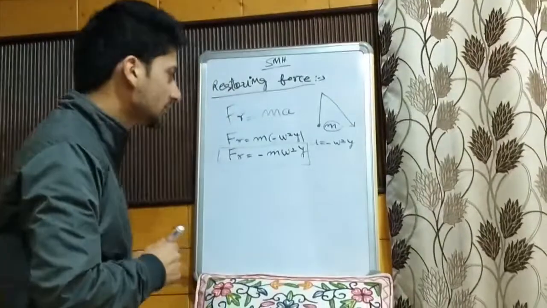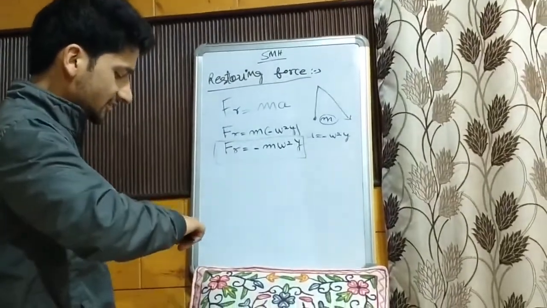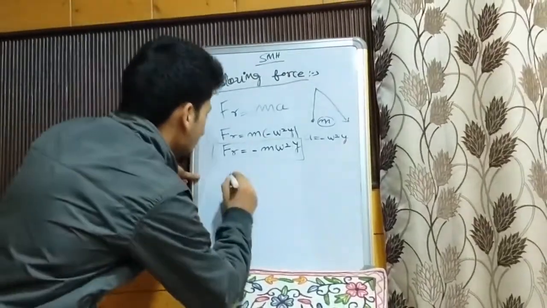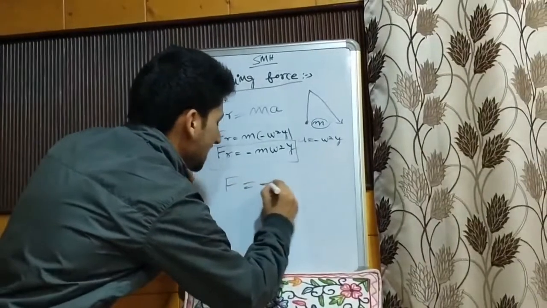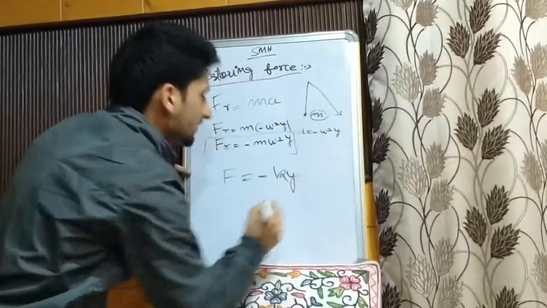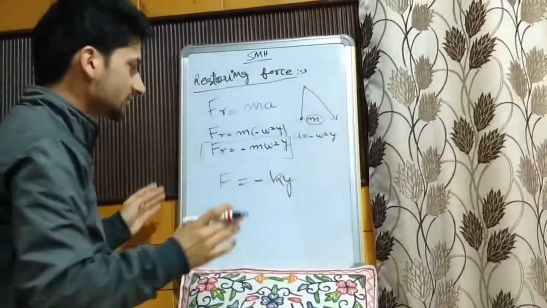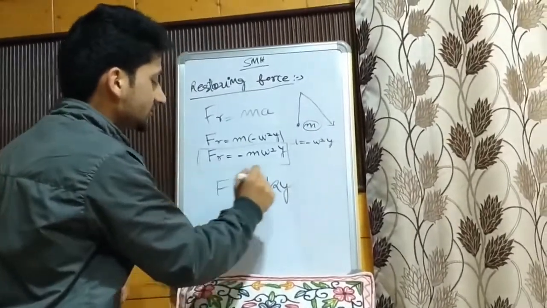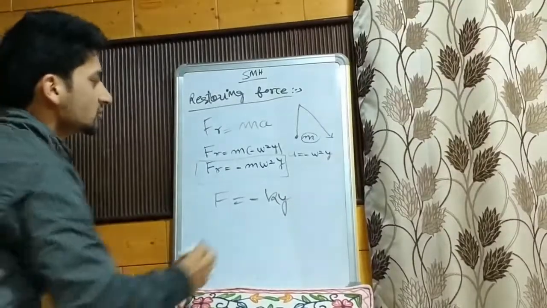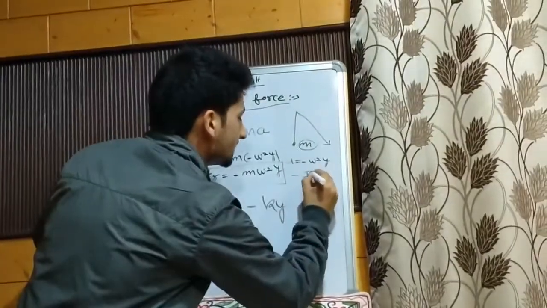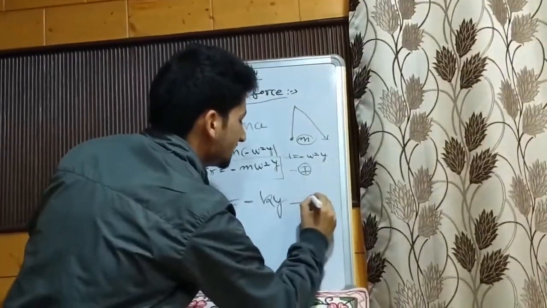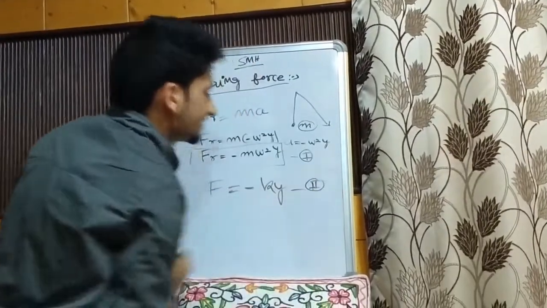Now you already know that force is equal to minus ky. For a particle to execute simple harmonic motion, force should be in this form: F is equal to minus ky. So let's call this equation first and this equation second.